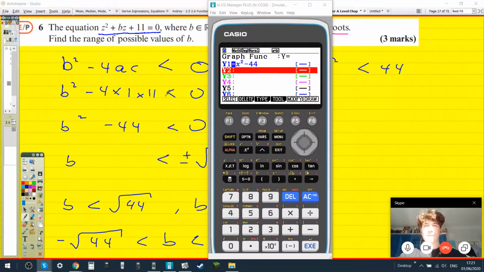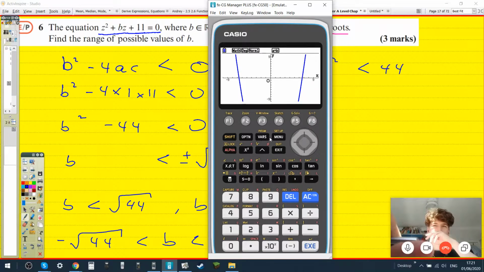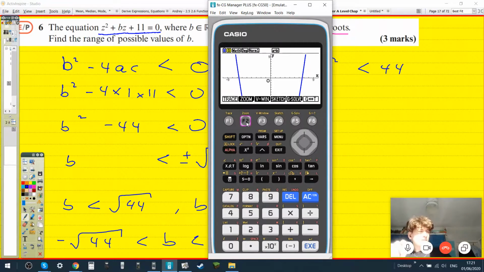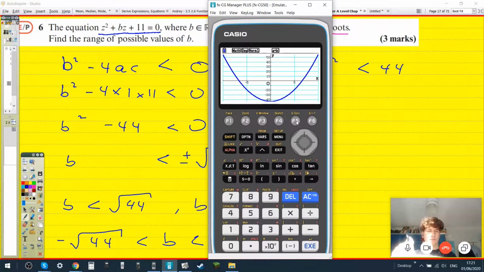Let's see. So, yeah, x squared minus 44. If you draw the graph of x squared minus 44, shift graphical solve.